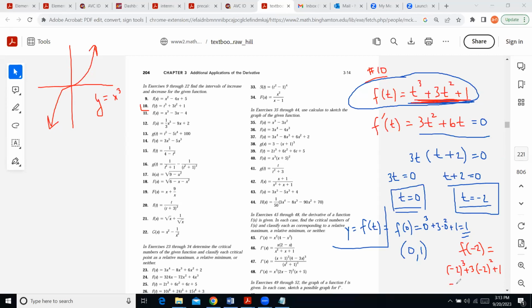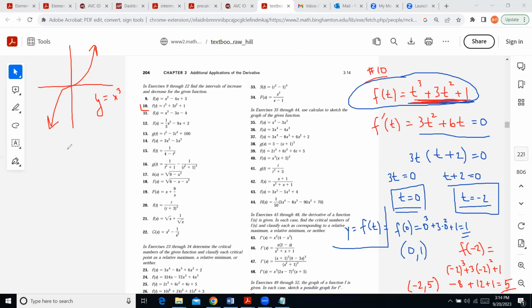So we got a minus 8 for the first one, right? Then 2 squared is 4 times 3, 12, and added 1. So this will end up being 12 minus 8 is 4 plus 1, 5. Okay, so we've got another point here, and its coordinates will be negative 2 for t, the first coordinate, and plus 5, the second coordinate.